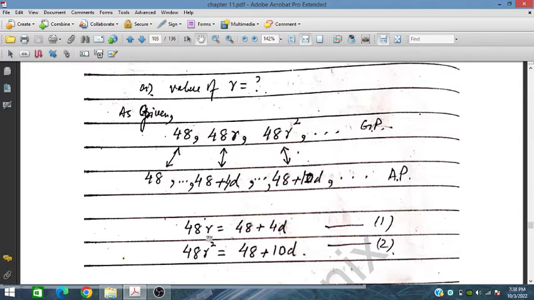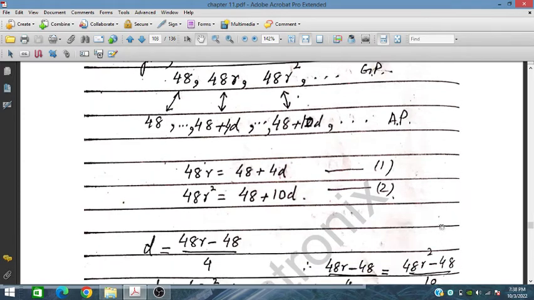From these we have 48r is equal to 48 plus 4d, and 48r squared is equal to 48 plus 10d. By solving these we have r and d in two equations, and we can solve it very easily.